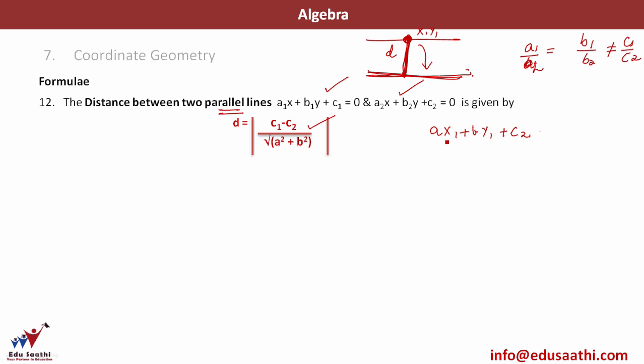Now this value would be equal to minus c1. So it will be c2 minus c1 or c1 minus c2, whichever is bigger. I'll take the absolute difference between their constant terms and divide it by the square root of the squares of the x and y coefficients. That will give me the distance between the two parallel lines.